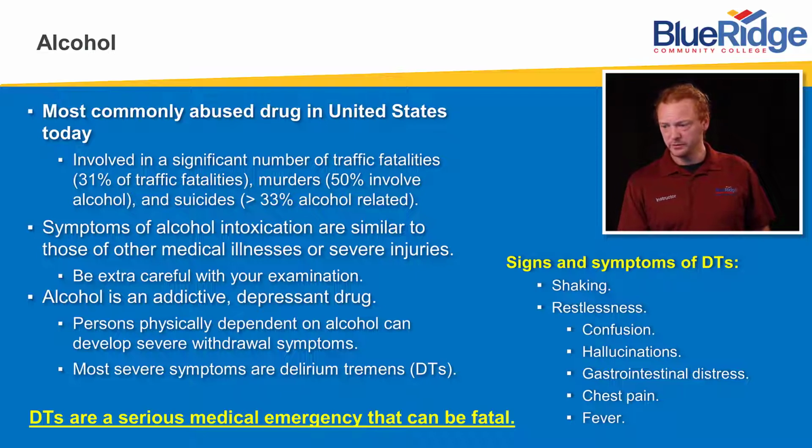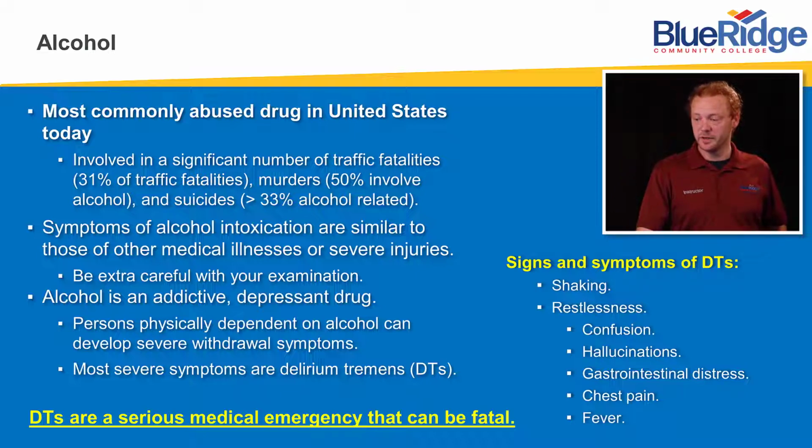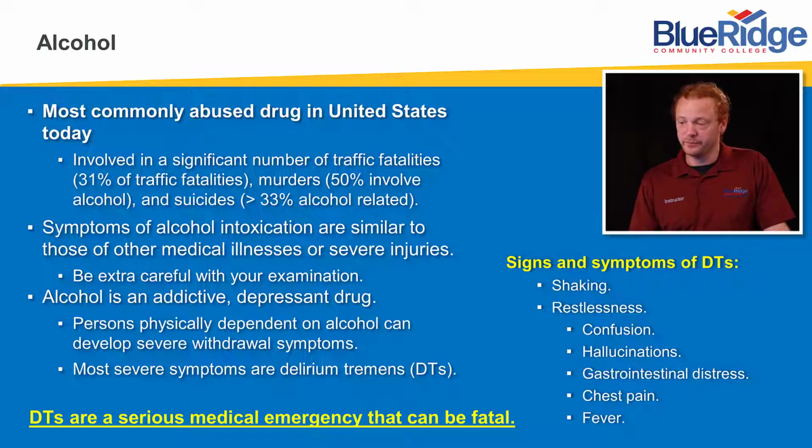The most commonly used or abused drug in the United States is alcohol. It is involved in a significant number of traffic fatalities, around 31% of all traffic fatalities. 50% of murders involve alcohol, and greater than 30% of suicides are alcohol related.